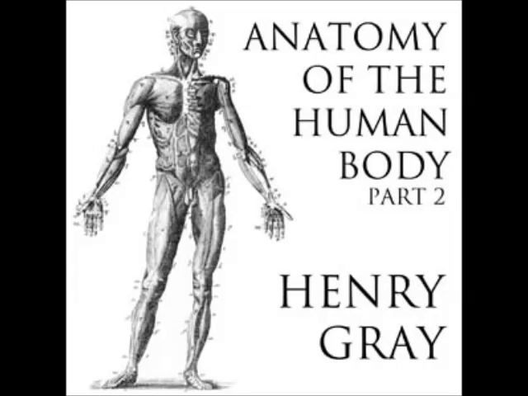The ischiocapsular ligament, ligamentum ischiocapsulare, ischiocapsular band, ligament of Bertin. The ischiocapsular ligament consists of a triangular band of strong fibres, which spring from the ischium below and behind the acetabulum, and blend with the circular fibres of the capsule.